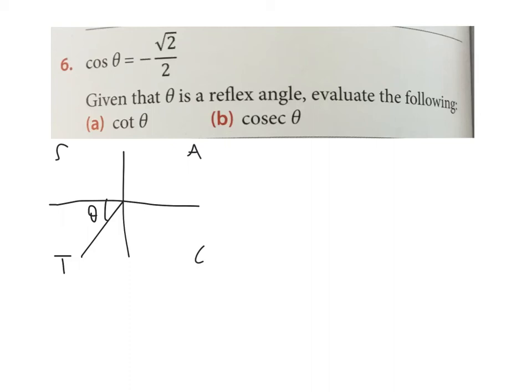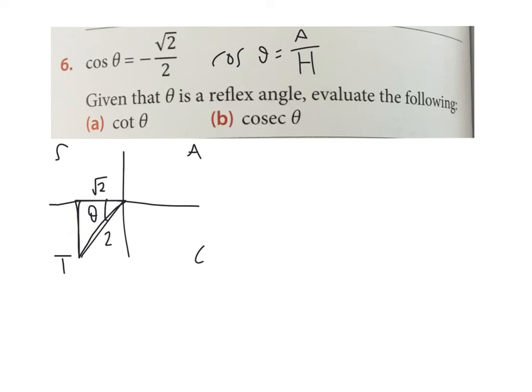And then if you draw your triangle in from there, you've got cos theta. So cos theta is the adjacent over the hypotenuse. So if you compare, the adjacent is going to be root 2, which is here. And the hypotenuse is 2, which is this one here. And if you use Pythagoras, you'll be able to get this one here.